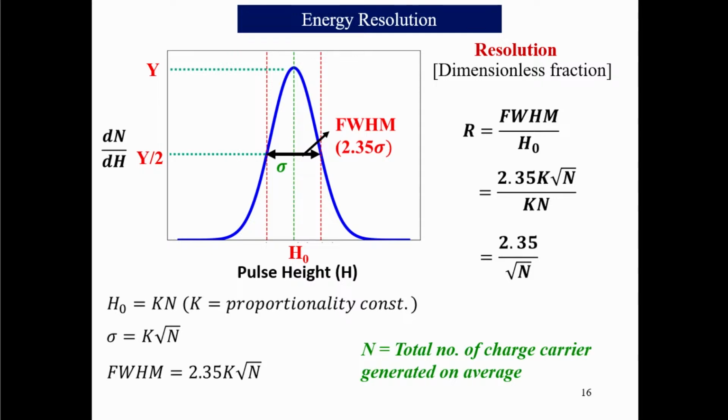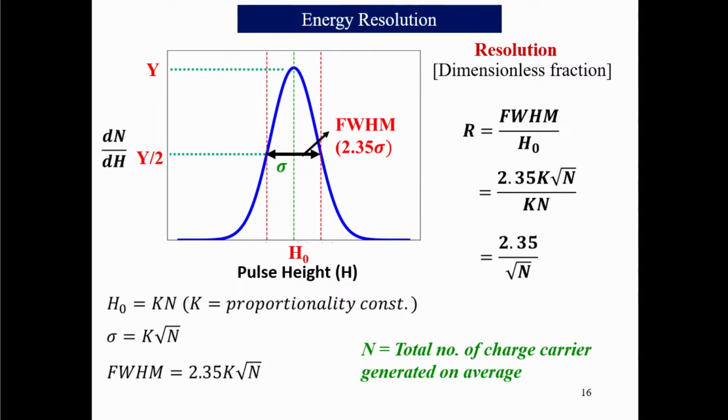So, you see this 80 is basically proportional to n, the total number of charge carriers generated on average, which decides the pulse height. More charge carriers give a higher pulse height, and fewer give a lower pulse height. So, with a proportionality constant, H0 is Kn.